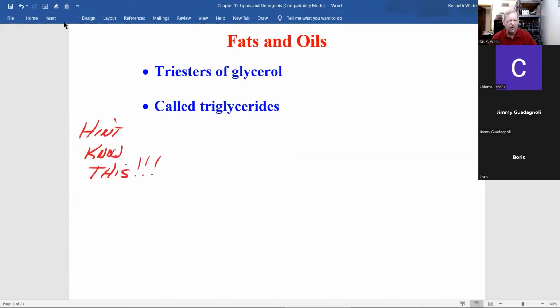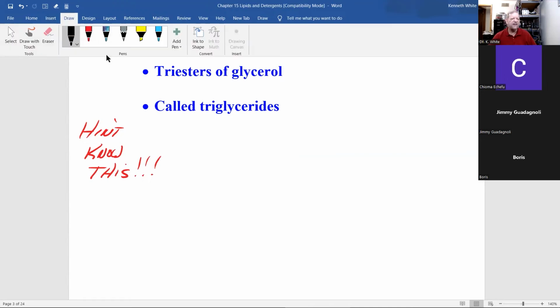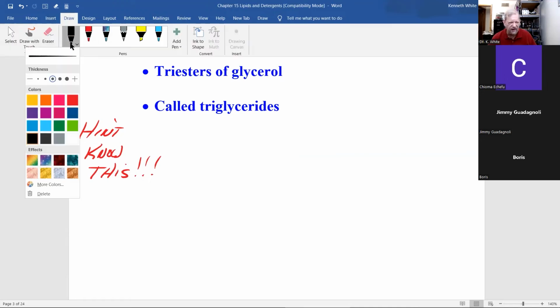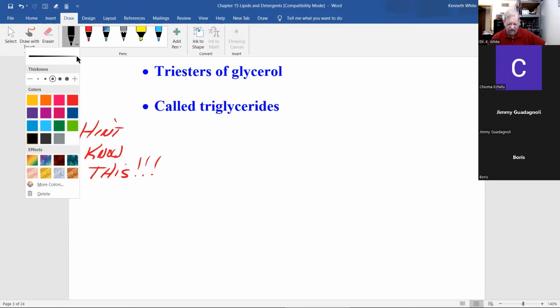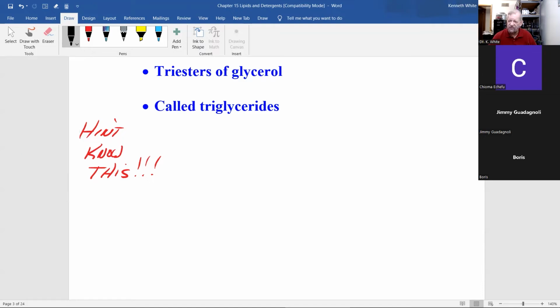Now, before I show you the structure, chemists who work in this area are called oil chemists. And it's not oil from the ground, those are petroleum chemists, but oil chemists work with animal fats and vegetable oils.